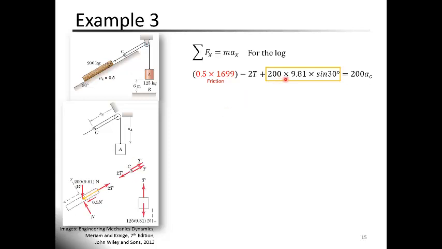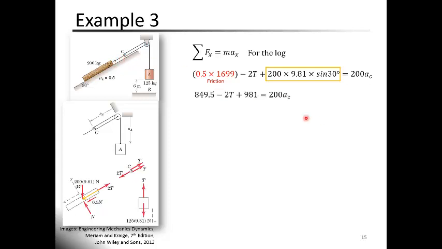So the weight is 200 multiplied by 9.81 multiplied by sine 30 degrees, and this is equal to the mass of the log, which is 200, multiplied by the acceleration of the log in the x direction, which is AC. We have agreed that the acceleration of the log is the same as that of C, because this part of the cable can be considered inextensible, it's rigid.